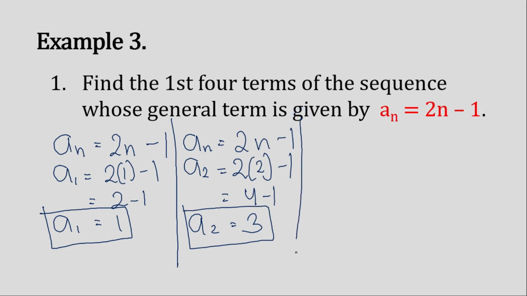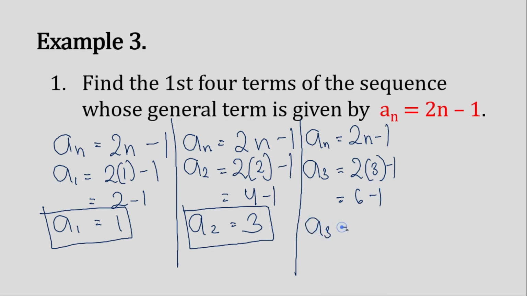Now let's solve for a sub 3, or the third term. A sub n equals 2n minus 1. So we have a sub 3 is equal to 2 multiplied by 3 minus 1. 2 multiplied by 3 is 6 minus 1. So we have a sub 3 is equal to 5. So this is our third term.